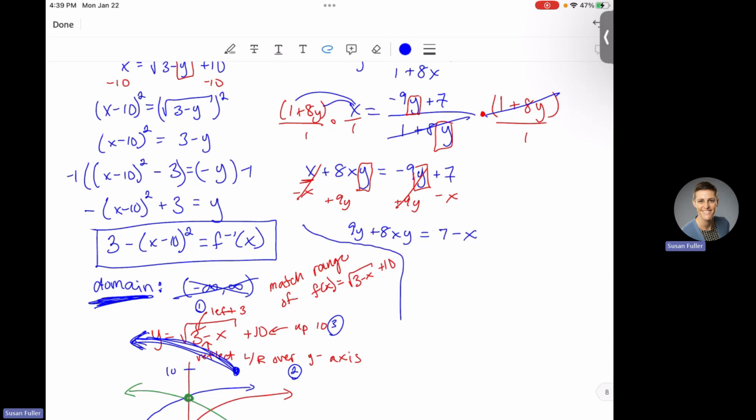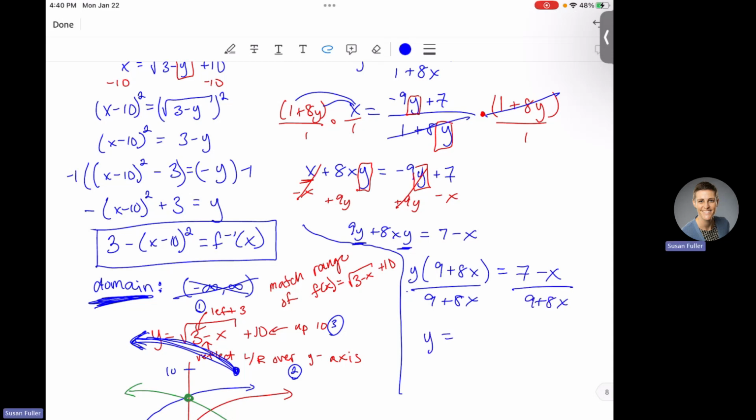Okay, sorry, that got a little far over. And now everything over here has a y in it, and so I can factor that y out. If I factor the y out of everything on this side, I get 9 plus 8x. Then I still have that 7 minus x on the other side. And now to get y by itself, I'm going to divide both sides by that 9 plus 8x.